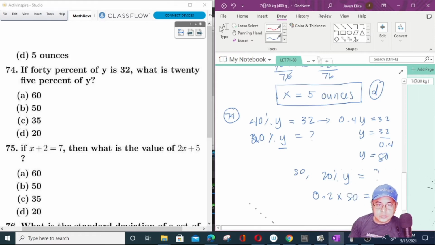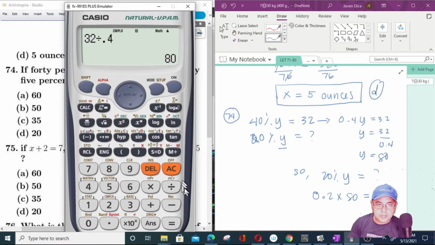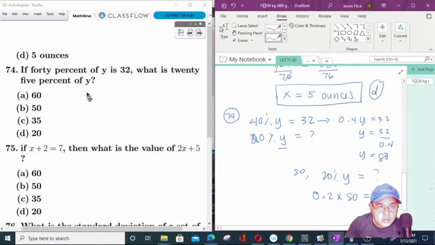This is equal to 80 multiplied by 0.2. 20% of 80 is, sorry, this is 25.